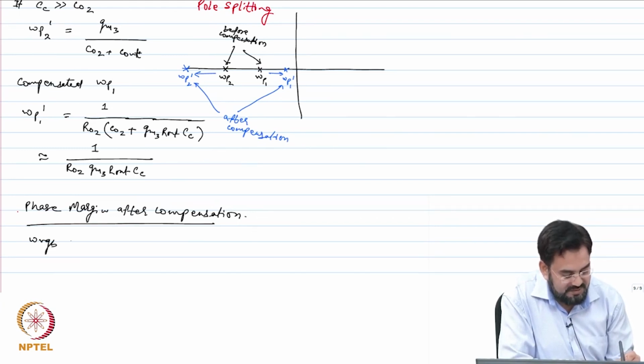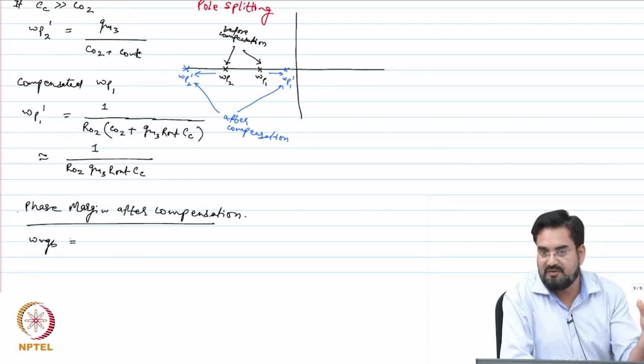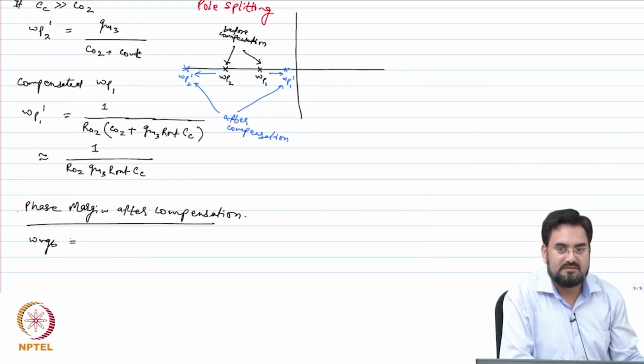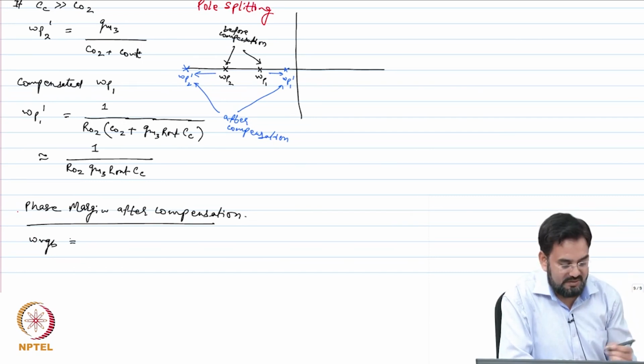What is omega UGB? Whatever the pole frequency multiplied by your loop gain.